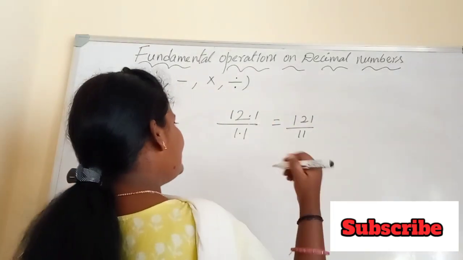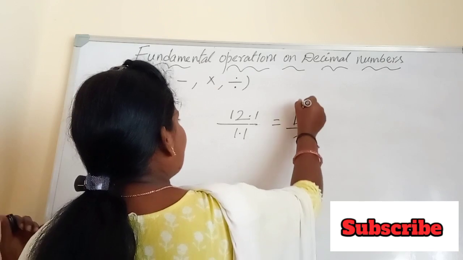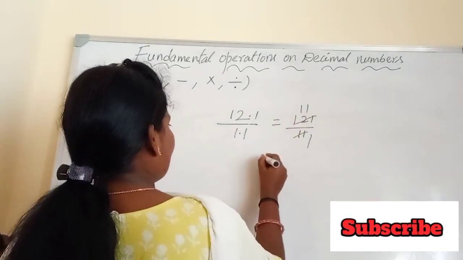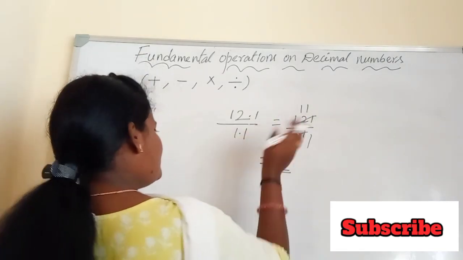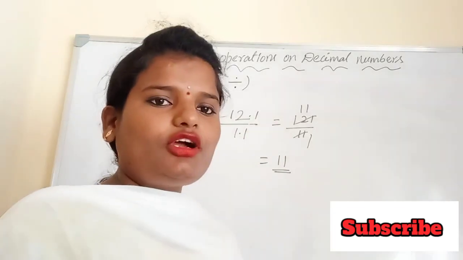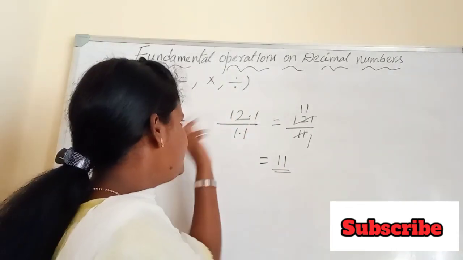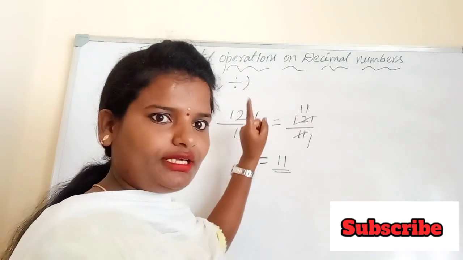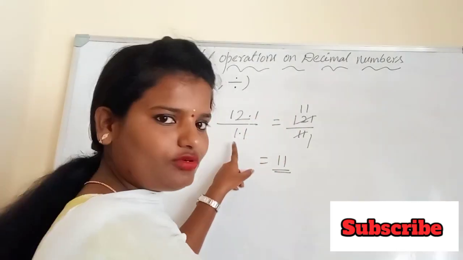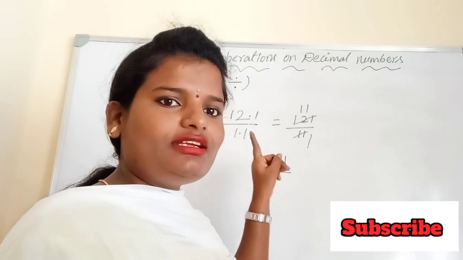So how much will you get? 11 ones, 11 ones, 11 ones. So 11 only we will get. So for this, the answer is also the same, 11. Here you have to observe one thing. After the point in the numerator only one digit is there, and in the denominator also after the point only one digit is there.